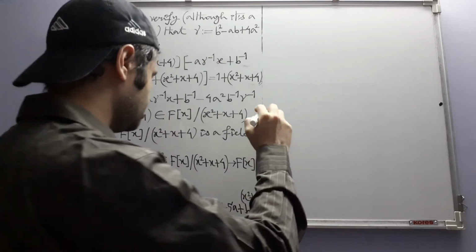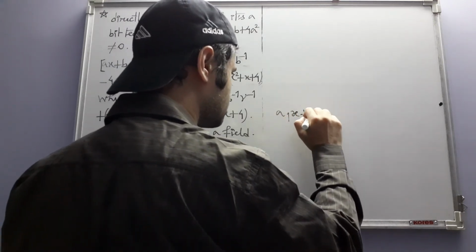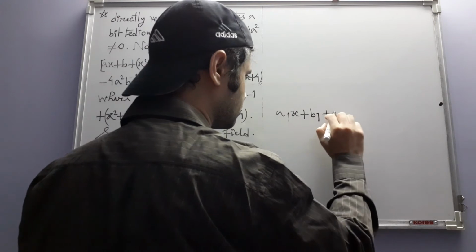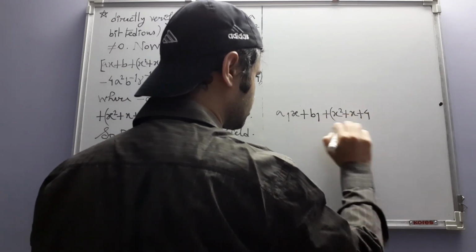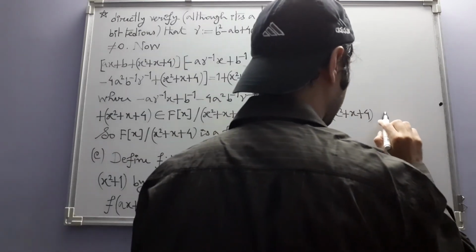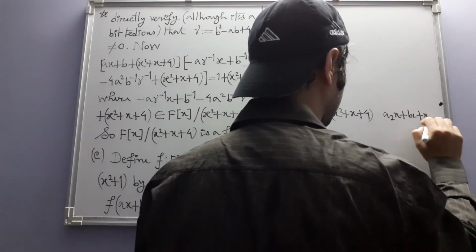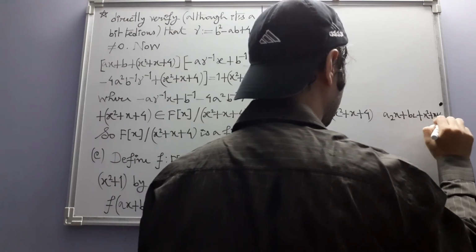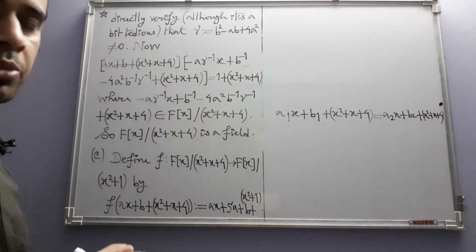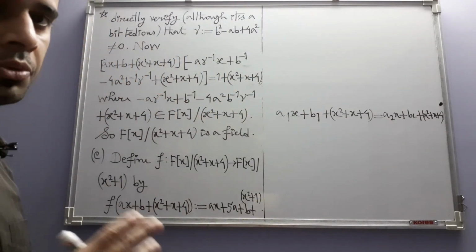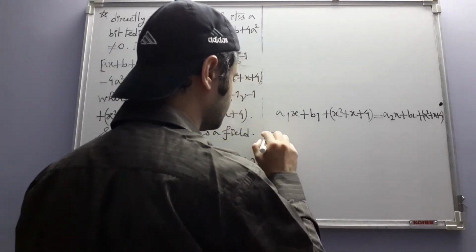That means you have to take two cosets like this. This is one coset and this is another coset. Assume that they are equal. If inputs are equal, you have to show the outputs are also equal.